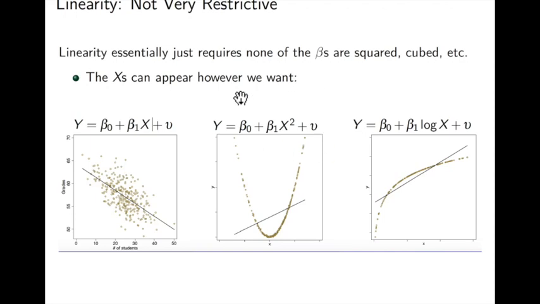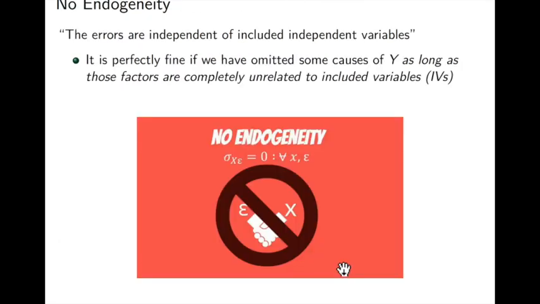So this is still linear. This is still linear in the parameters. All I've done is include a new independent variable called x squared. And sure enough, the relationship between y and x squared is still a linear one, namely given by this line. And we can do other fancy stuff. So really all this linearity assumption says is that these betas aren't squared or cubed or whatever. So that's not super restrictive.